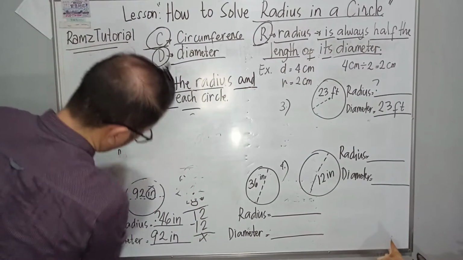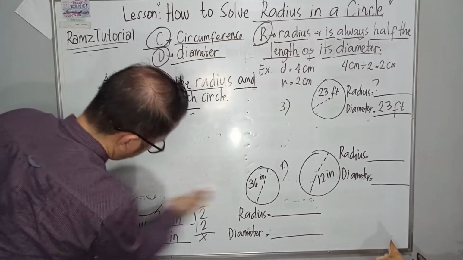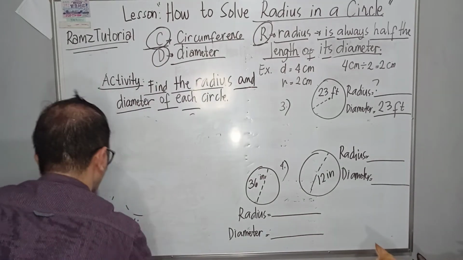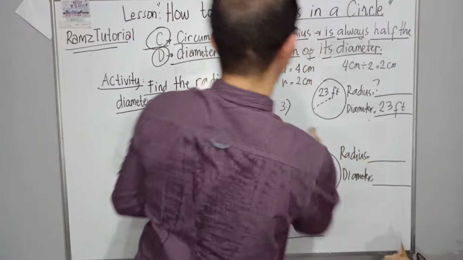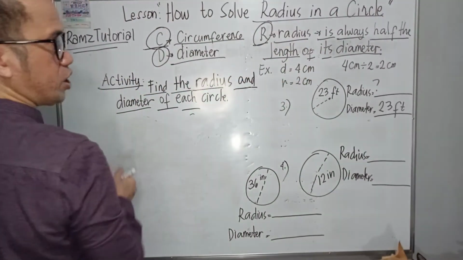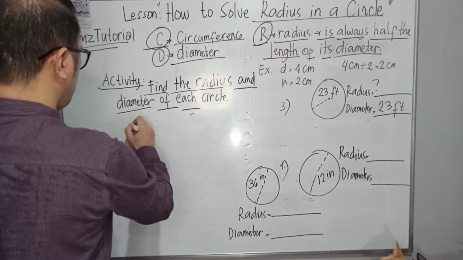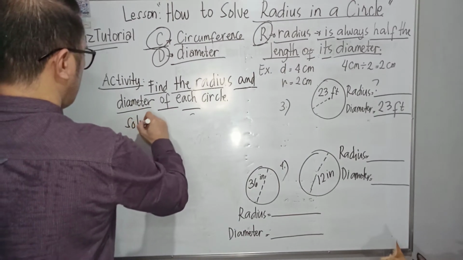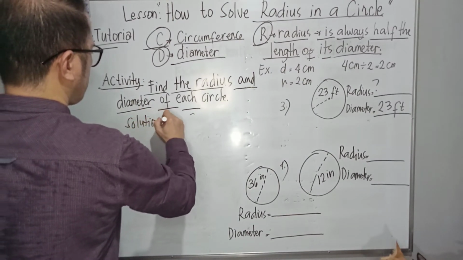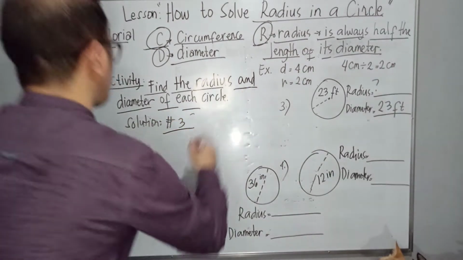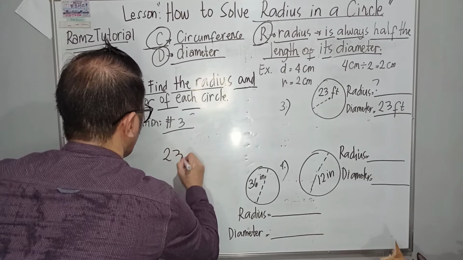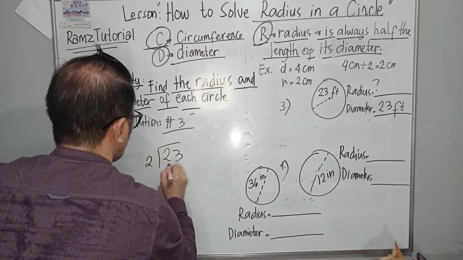So I'm going to erase this one, guys, so that we have space to solve it, so that it is clear for you and easier for you to follow. So we have first number 3, so we need to write here the solution for number 3. We have 23 divided by 2.